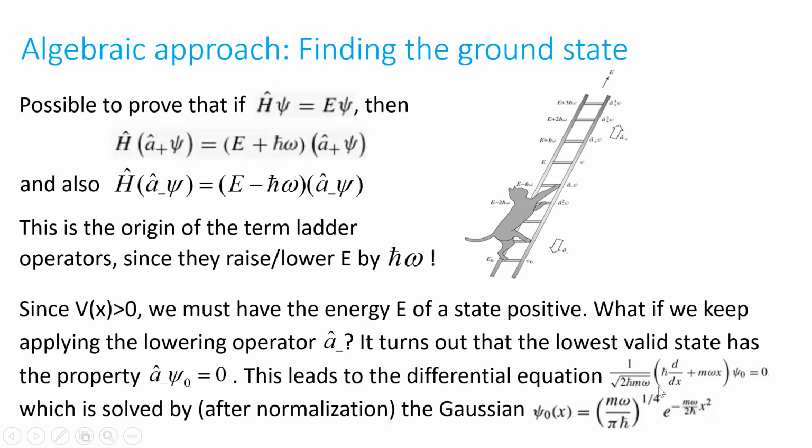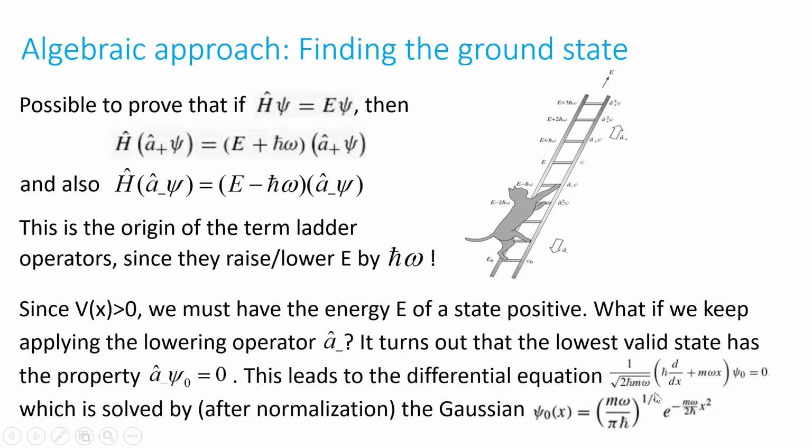And this is the differential equation here. This is solved in several steps in the textbook. The solution can be normalized, and it turns out to be a Gaussian, which is the ground state, the lowest energy state of the harmonic oscillator.